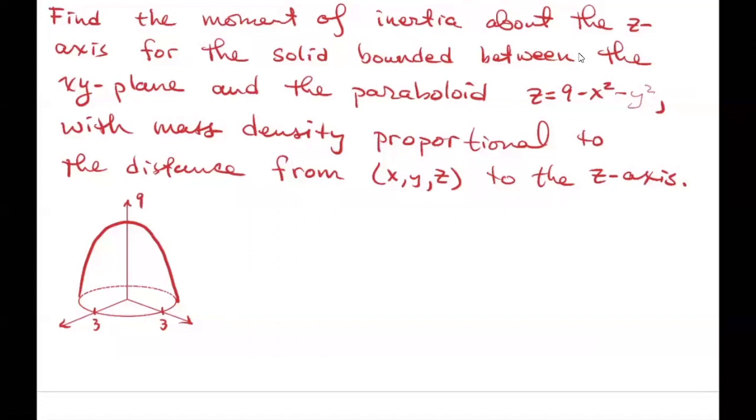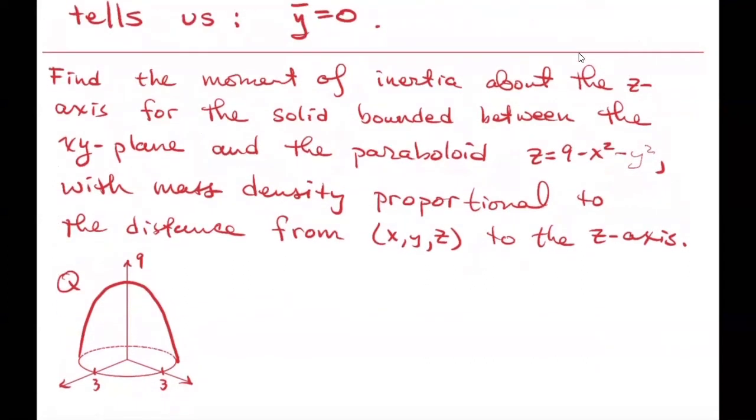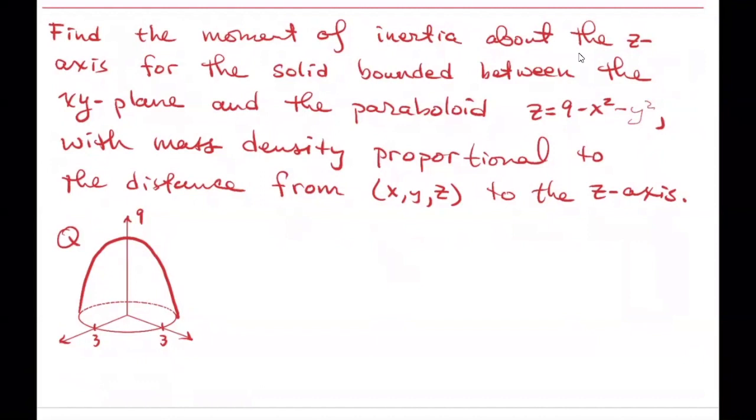Okay, so the solid is called Q, because that's what I just called it. And let's see here. We could do mass density. So delta of x, y, z is the distance from x, y, z to the z-axis.